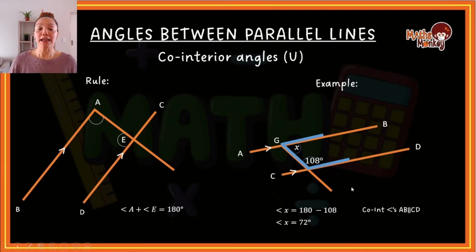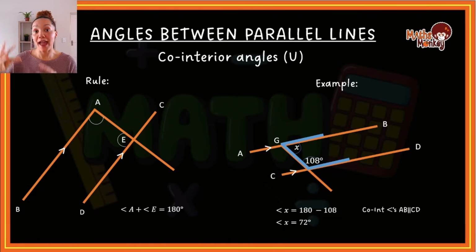Refresh your memory. When we're looking at alternate angles, we're looking for the Z. When we're looking at corresponding angles, we're looking for the F. And if we're looking for co-interior angles, we are looking for the U. Also remember that with the Z, the angles are in the corner.